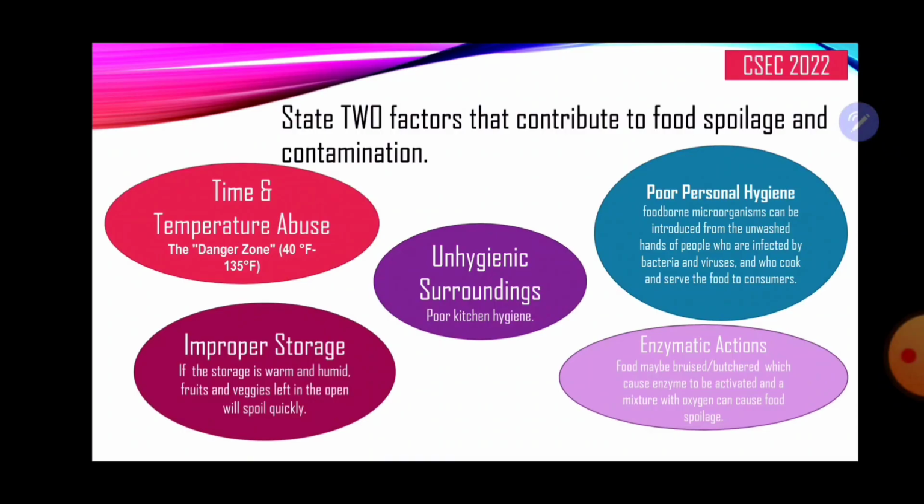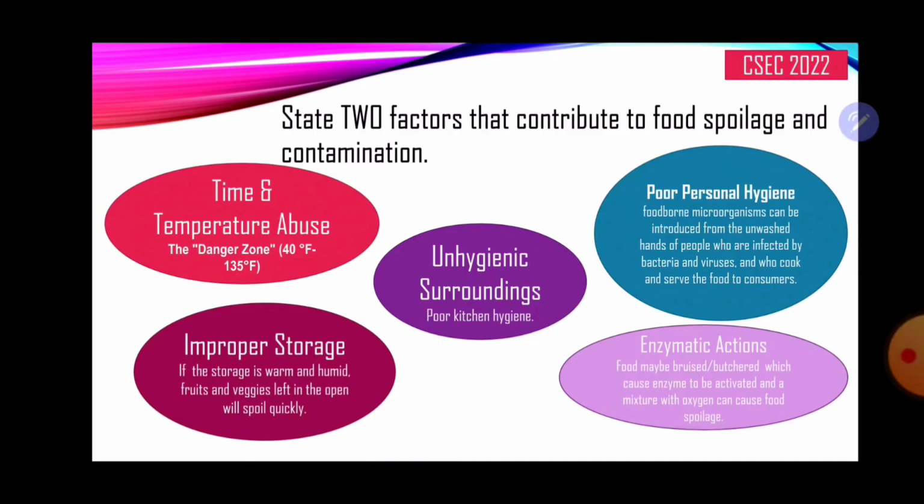Now, food may be bruised or butchered, which causes enzymes to be activated, and a mixture with oxygen can cause food spoilage. So once the animal has been slaughtered or once the crops have been harvested, the enzymes are activated and that will cause them to deteriorate or to spoil, right?